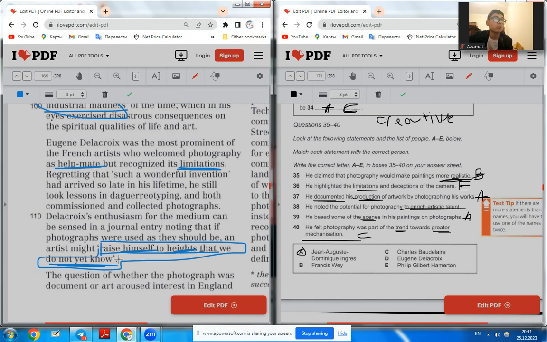So that means enriching artistic talent. And this Delacroix recognized its limitations, but he said that it's such a wonderful invention that arrived so late in his lifetime, right? So he really was surprised by photography, but he also said that there is some potential to enrich artistic talent. So the answer for question number 38 is D.